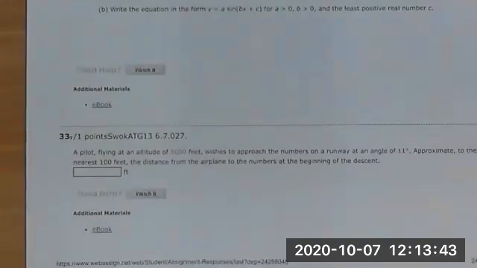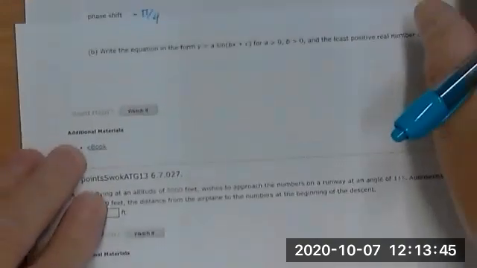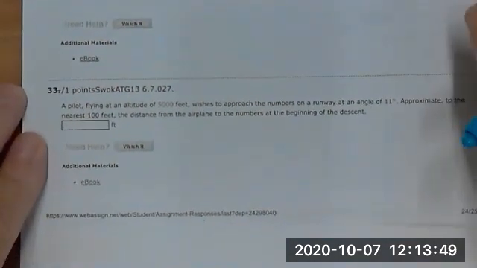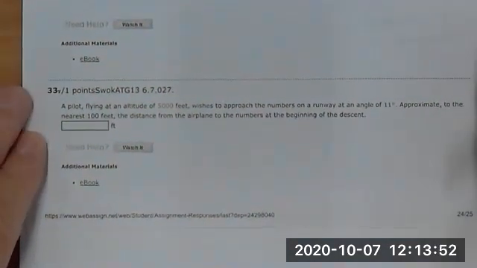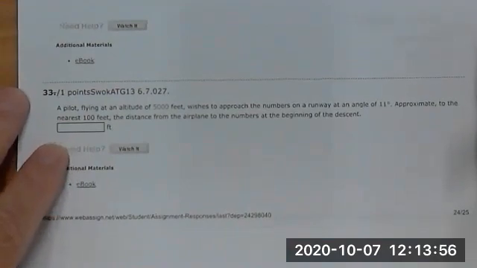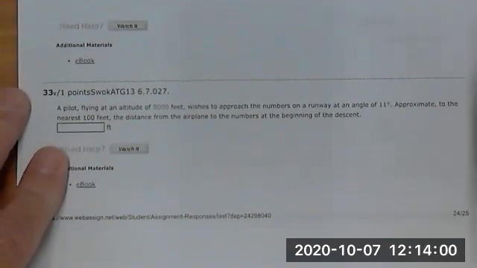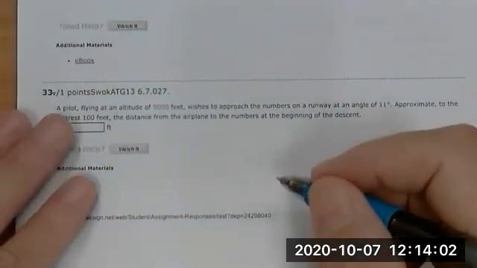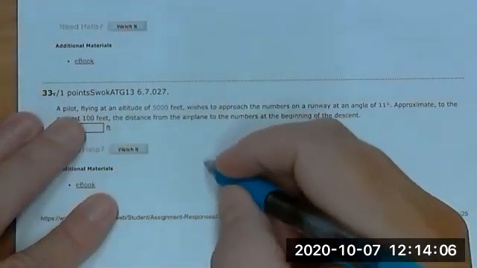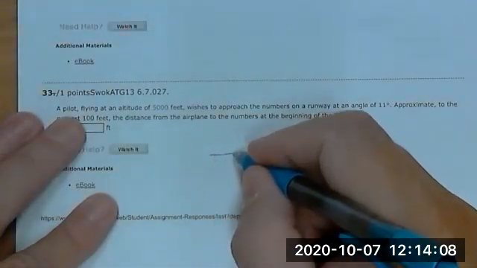Oh, here at the very bottom. A pilot flying at an altitude of 5,000 feet wishes to approach the numbers on a runway at an angle of 11 degrees. Approximate to the nearest 100 feet the distance from the airplane to the numbers. So story problems, usually the hardest thing is to figure out the picture.